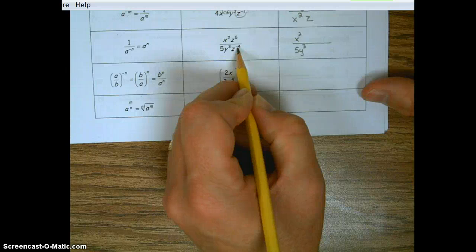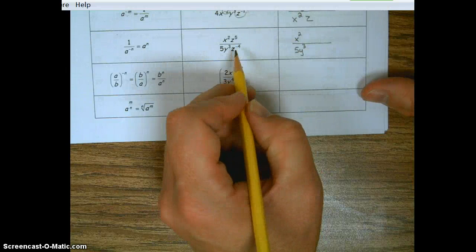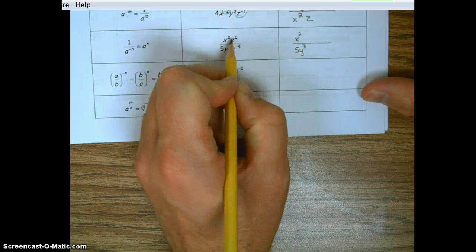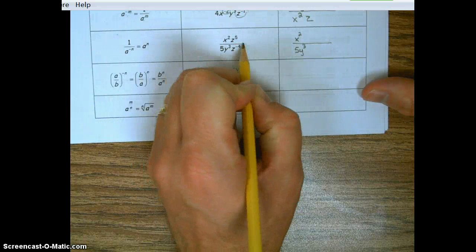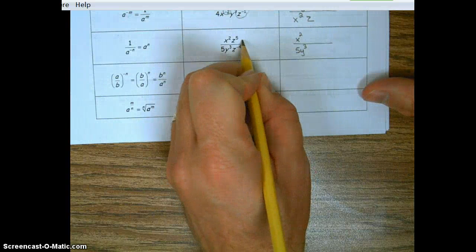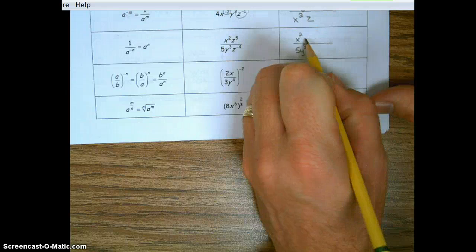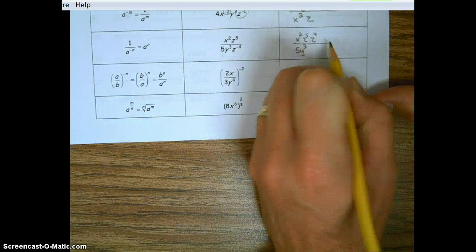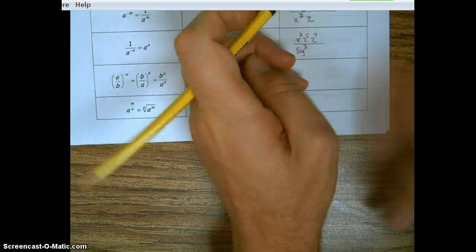Now, we could handle this 2 different ways. We could apply the rule where we subtract, because we have a division. Or we could move this to the numerator. And so we would have x to the 5th times x to the 4th.